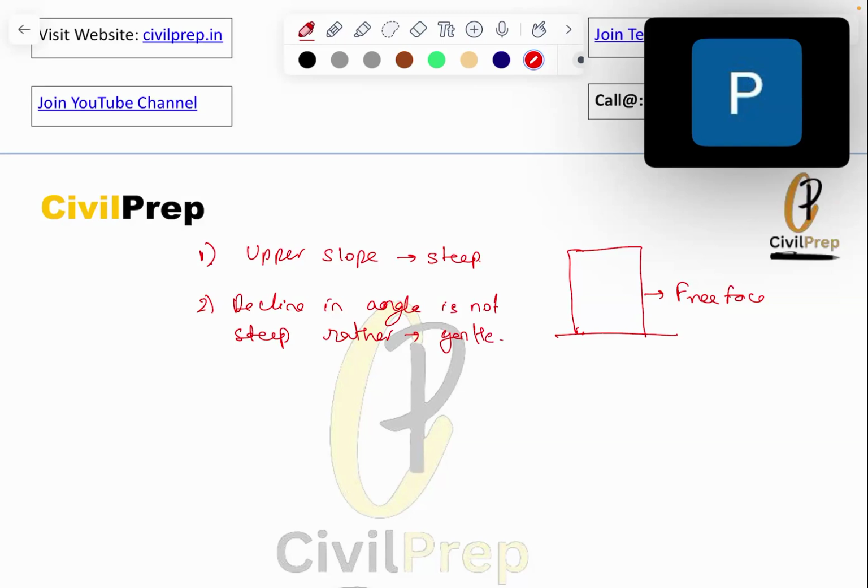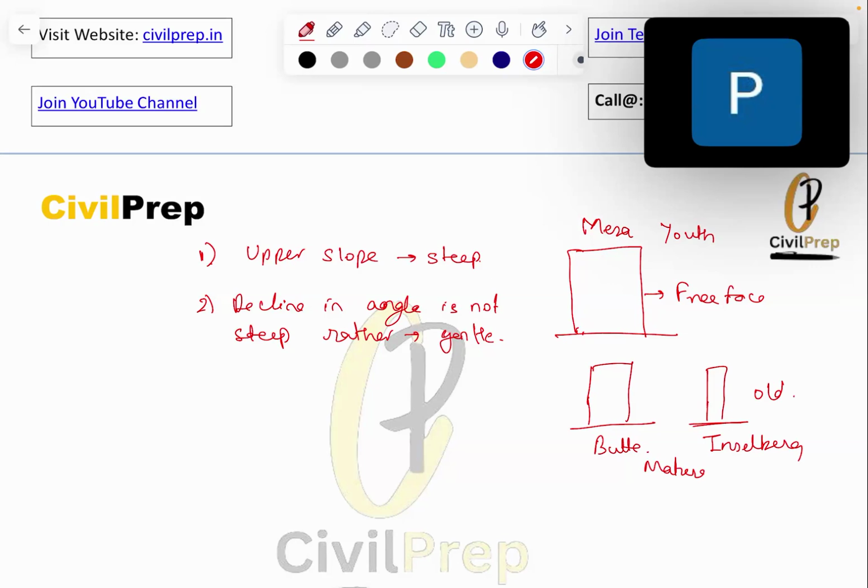Meaning there will be a decline in the slope like this. So this is mesa, this is butte, and this is inselberg, which will be progressing from youth to mature and to old stage. Here we are seeing that a quite parallel retreat is taking place.